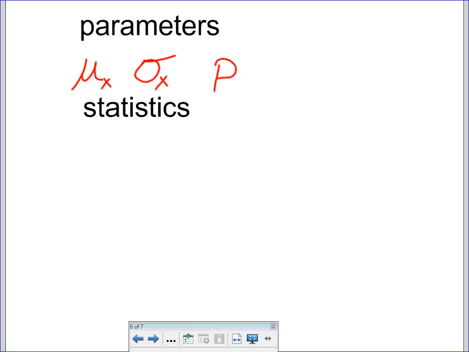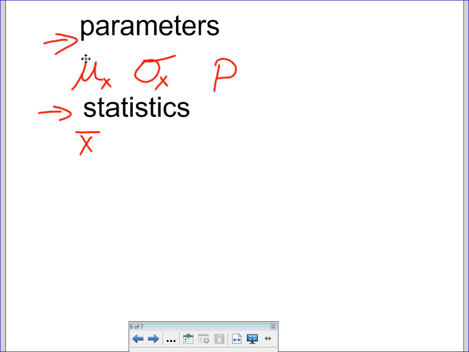And because parameters and statistics are so different, we're going to use different notation for them. If you use the wrong notation on the AP exam, if you use a parameter symbol for a statistic, or a statistic symbol for a parameter, that problem immediately becomes wrong. So the statistic, if we take a sample of a population and we estimate the average of the population, we use x bar.